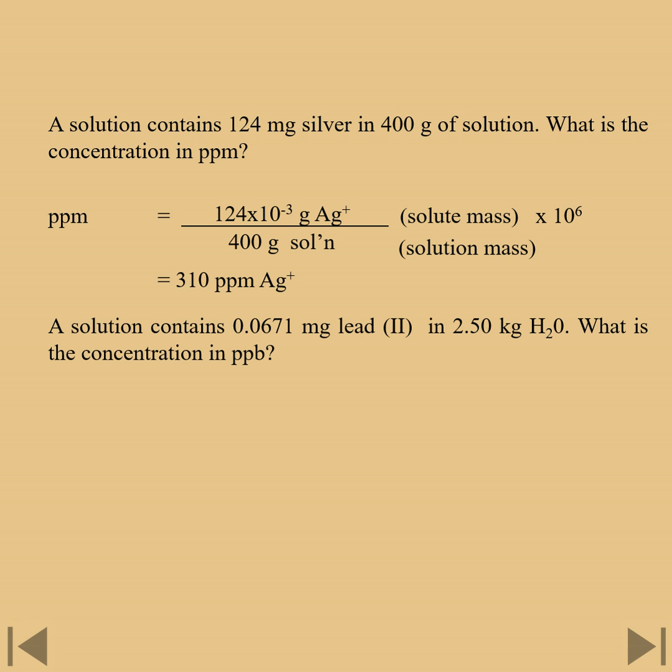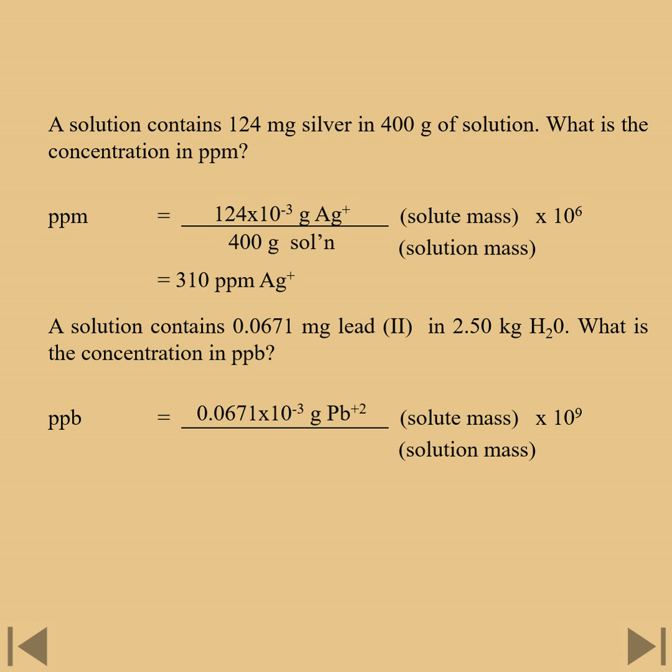One more, a solution contains 0.0671 milligrams of the lead 2 ion in 2.50 kilograms of water. What is the concentration in parts per billion? Okay, similar to before, only now we're multiplying by 1,000,000,000. On the top is our subject, the solute, the 0.0671 milligrams of lead, but we need to convert that into a common unit with that 2.5 kilograms of water, so let's let that common unit be the base unit.